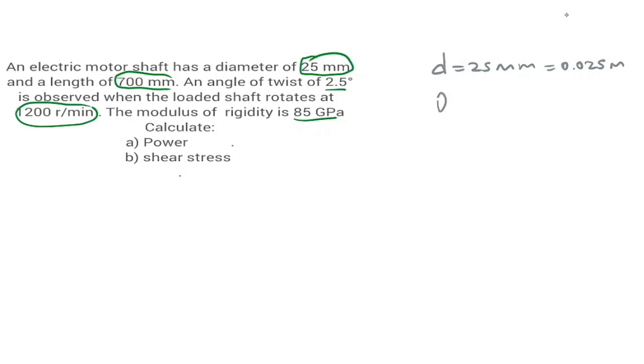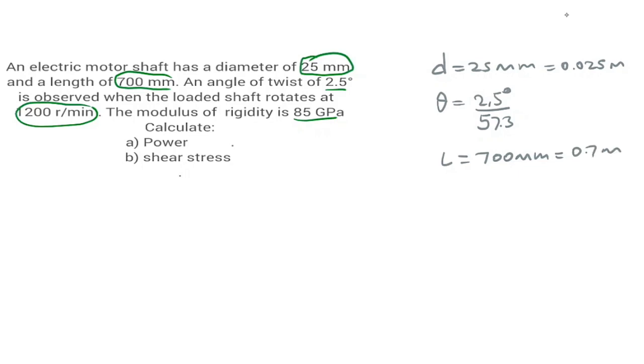Then we've got this angle of twist. Let's convert it into radians. So it is 2.5 degrees, you divide by 57.3. Then we have the length here. The length is 700 millimeters, which is 0.7 meter.